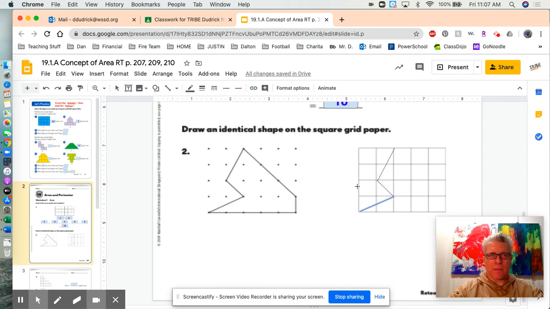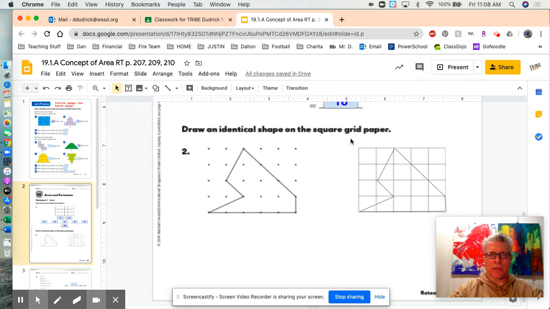Then come all the way across the bottom, and then we'll go up 1. Now this angle is going to come all the way back to that original starting point. So from here to here, and then we get our figure.